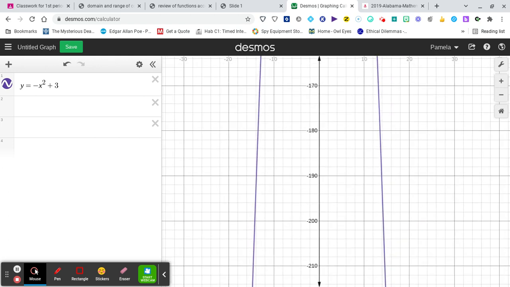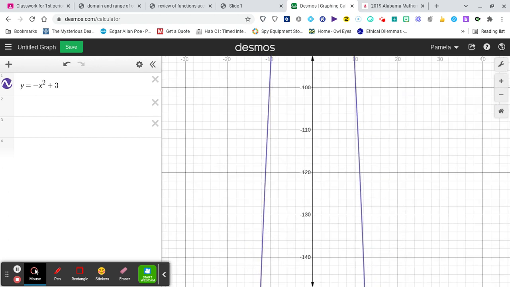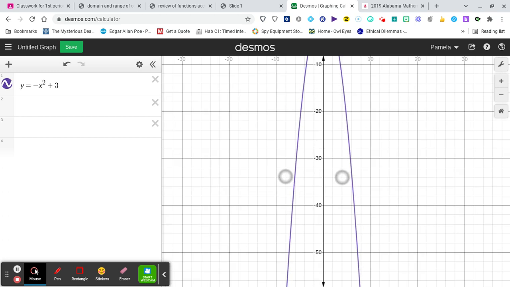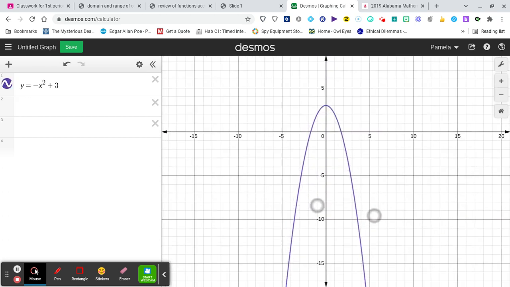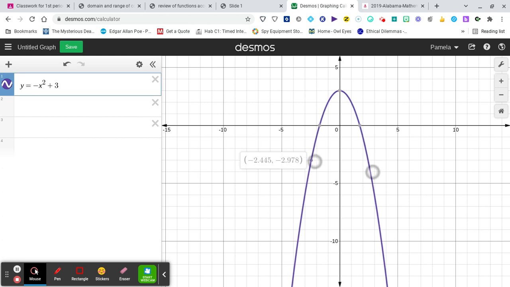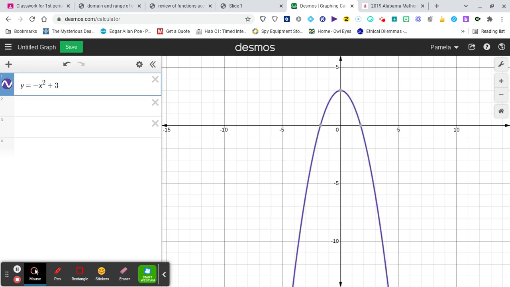But as far as the range goes, the highest point on this graph is at, see, 1, 2, 3, at 3. The highest point on this graph for the y is at 3, and then it continues to go down forever.